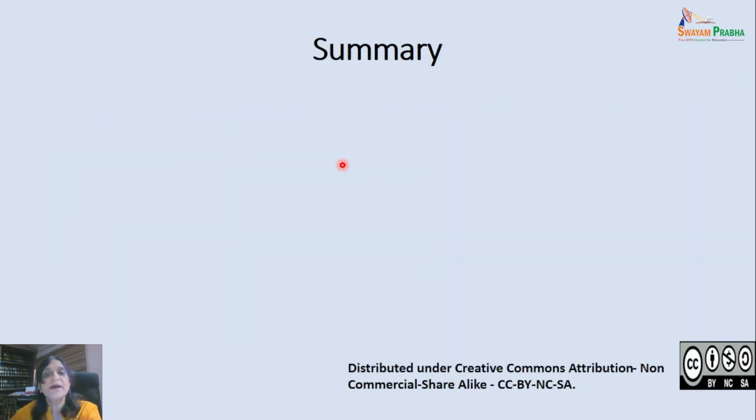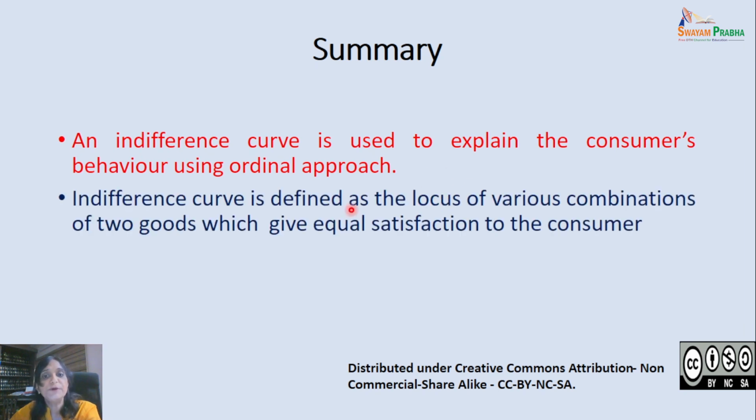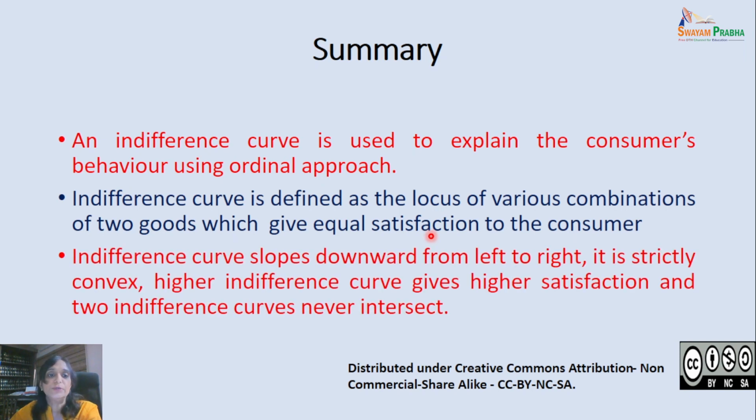So, let us summarize what we have done in this lecture. We have said that indifference curve is an ordinal approach for explaining consumer behavior. Indifference curve is defined as the locus of various combinations of two goods which give an equal level of satisfaction to the consumer.